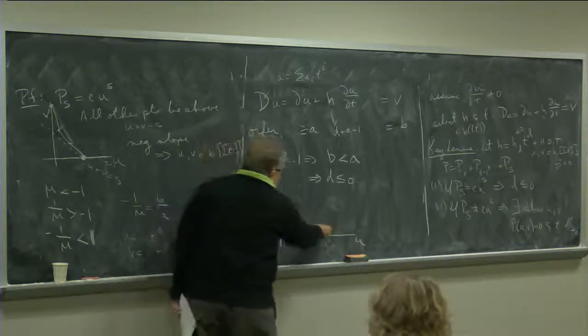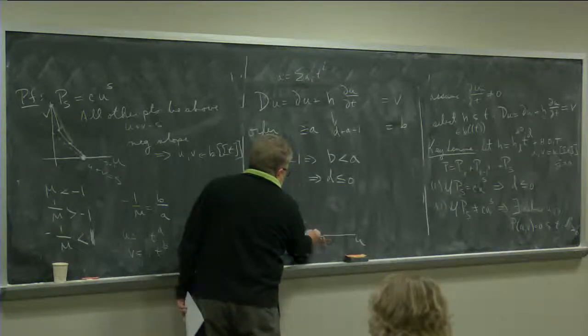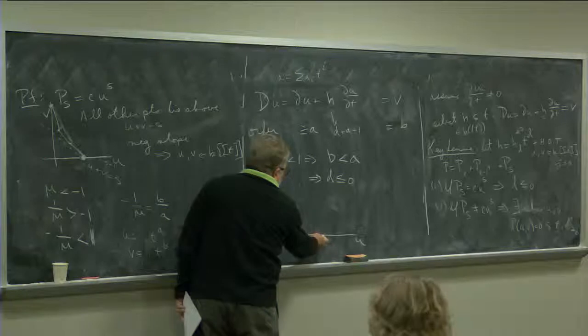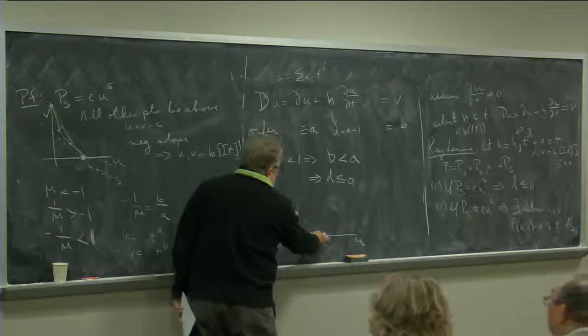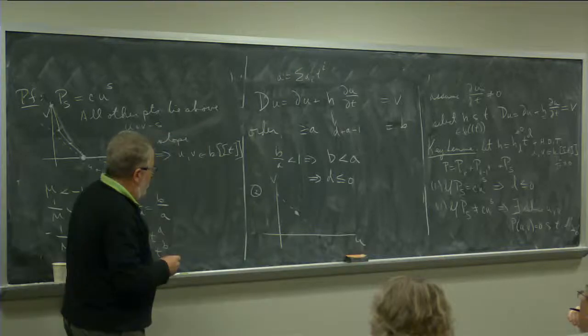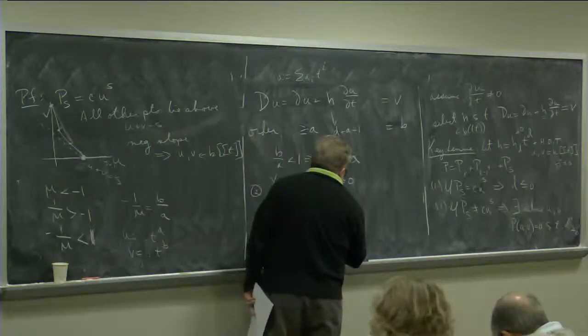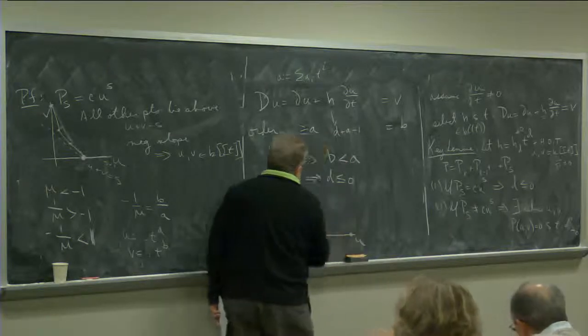Maybe there are two terms, but there certainly is a term up there on the line. There could be a term here as well. And if you think about it, there'll be another term here.